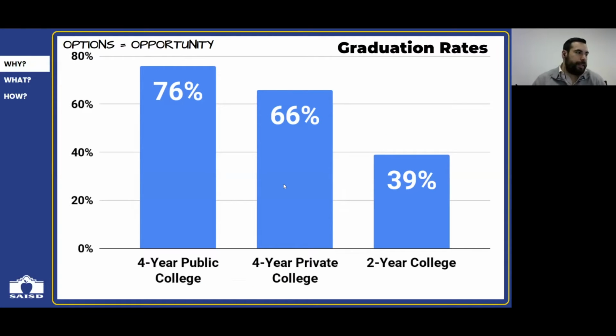So this is another important slide. So when we look at 2-year versus 4-year versus public or versus private, a good way to think of that is, I may have a lower SAT score and I'm not worried because I'm just going to go to a community college, right?